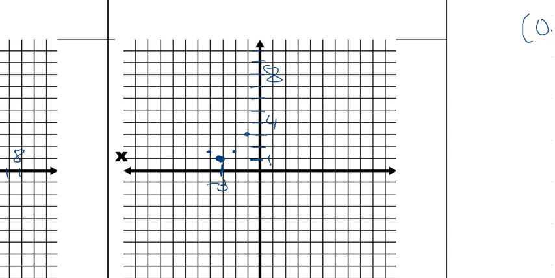And then I have to go 2.5, and then 1 to the right, and 2.5, and 1 to the left. So you see that now my graph looks like this. Opening up. Are we okay with that?